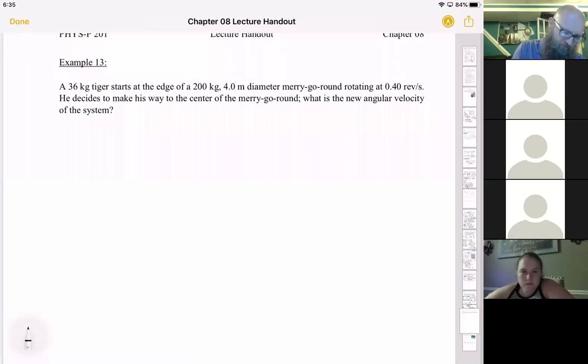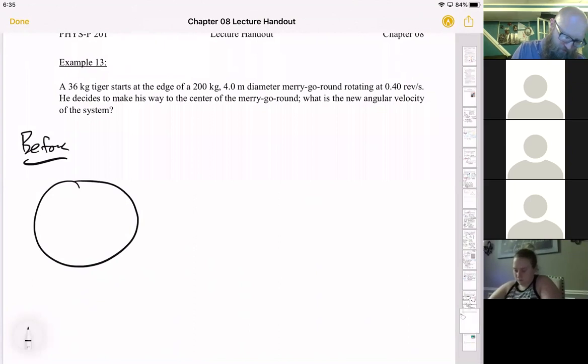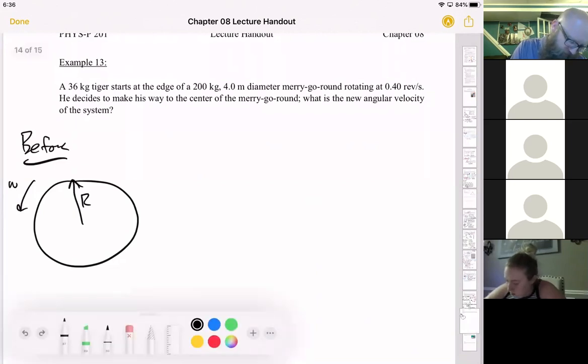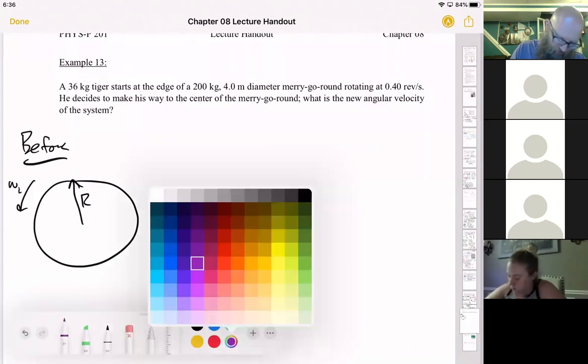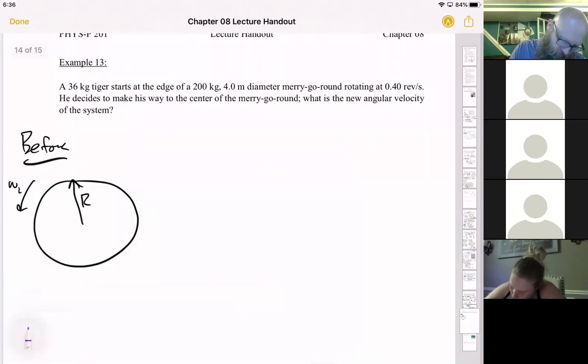So let's draw a picture. We've got a before, which is a merry-go-round with some radius, capital R, some omega initial. And, you know, a tiger. How do you draw a tiger?